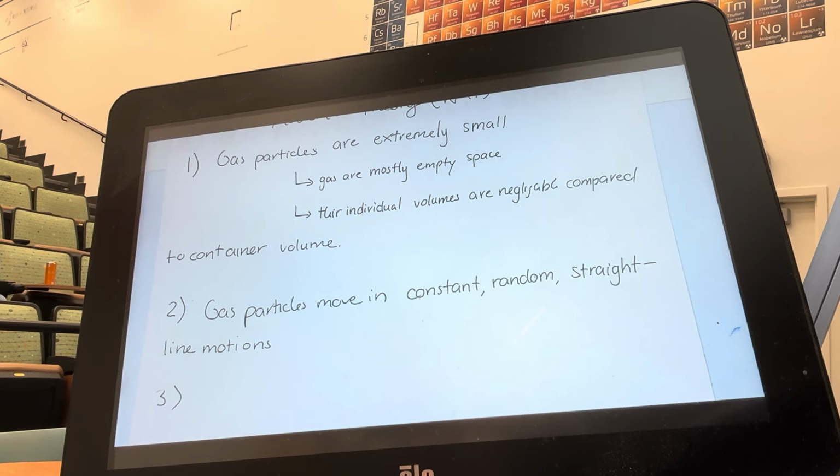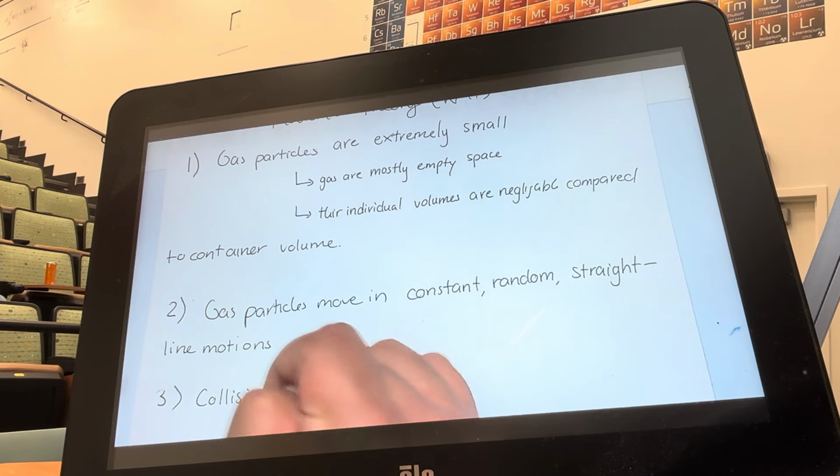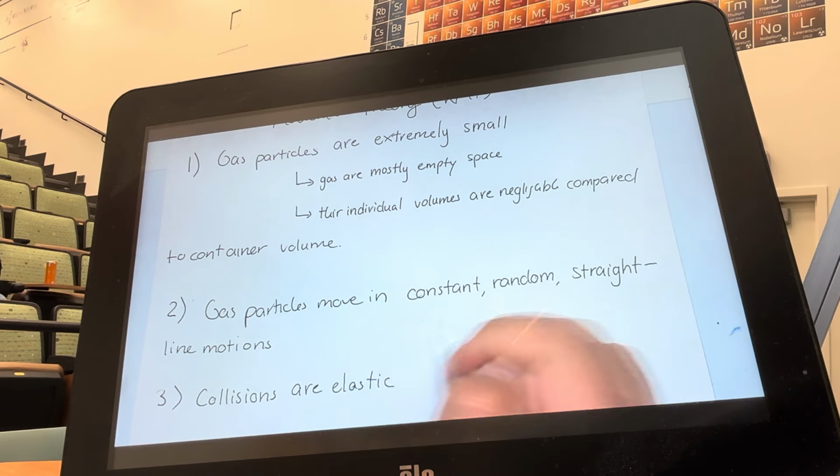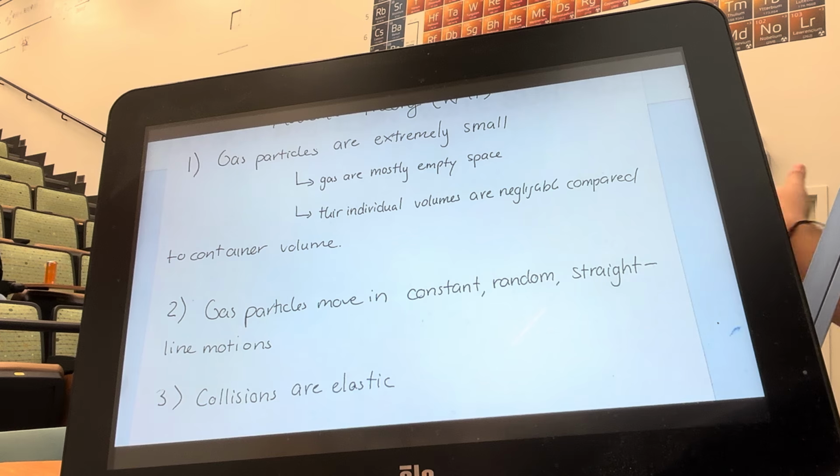3, collisions between gas particles are elastic. Which just means, they use the billiard ball example, right? I use a car crash example for some reason. But the billiard ball example is an elastic collision, it's just 2 billiard balls hitting each other and going back.